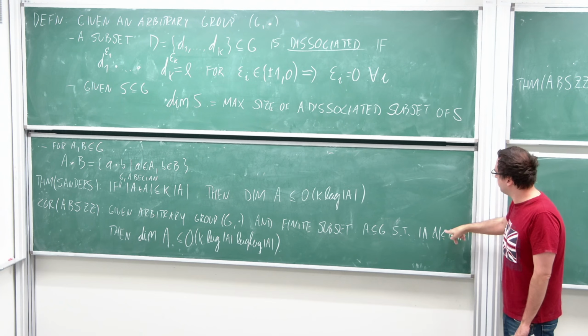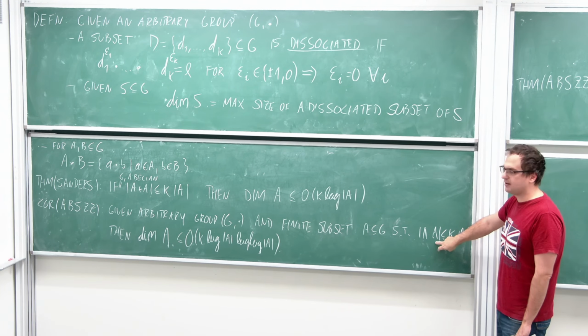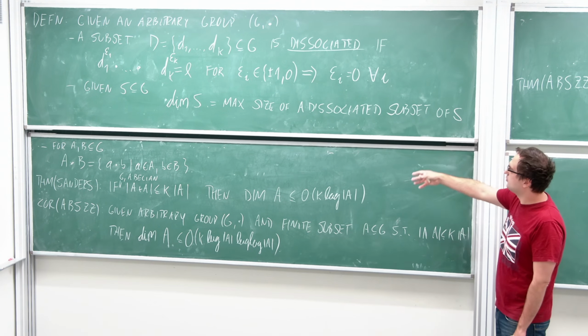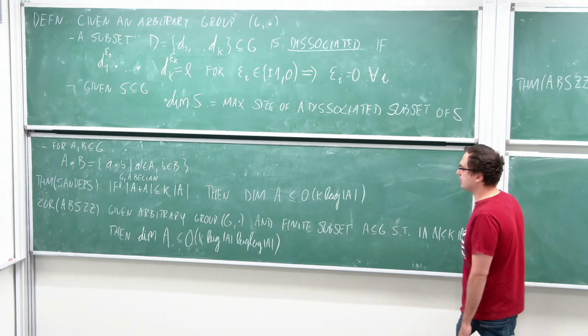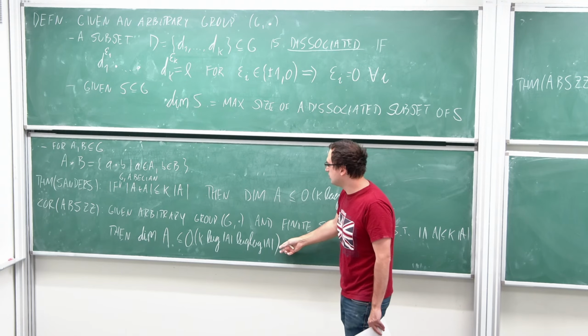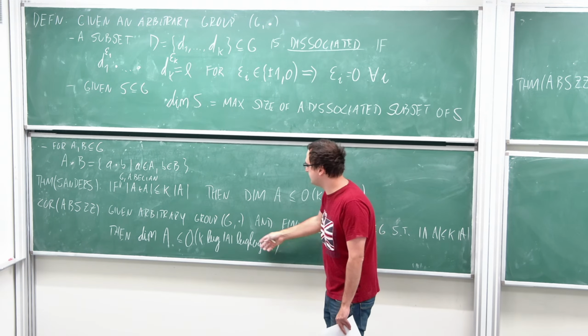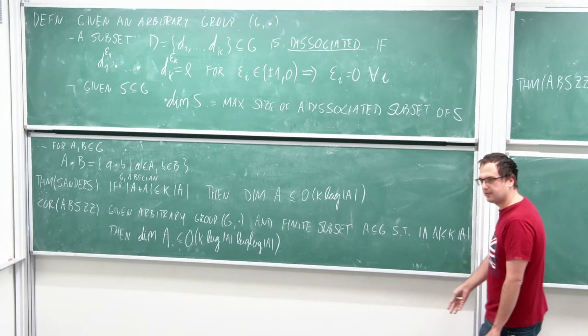They needed to count how many such subsets you can have which have small doubling, and you can get this with a somewhat weaker bound than what they get and need. If you have an upper bound on the dimension, you can use it to estimate how many such sets you have.